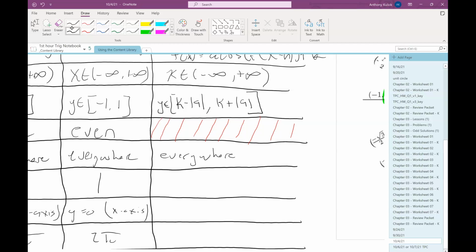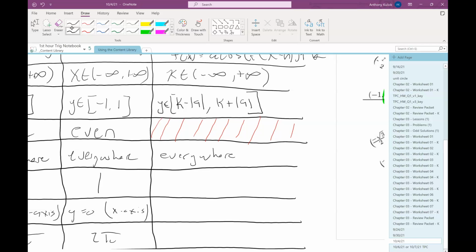Next up is the amplitude. Remember, that was the distance from the midline to the highest or lowest point on the graph, right? Can a transformation change the amplitude? Yes. What type of transformation is going to change that amplitude? Very good.